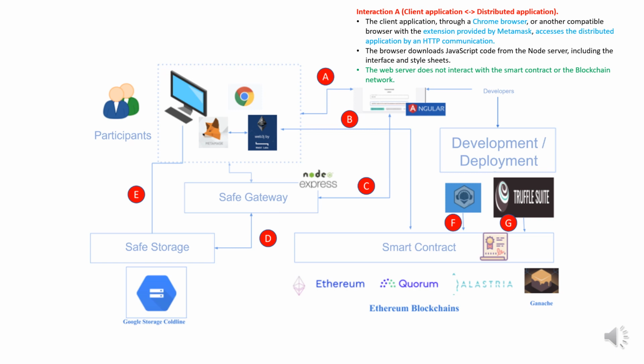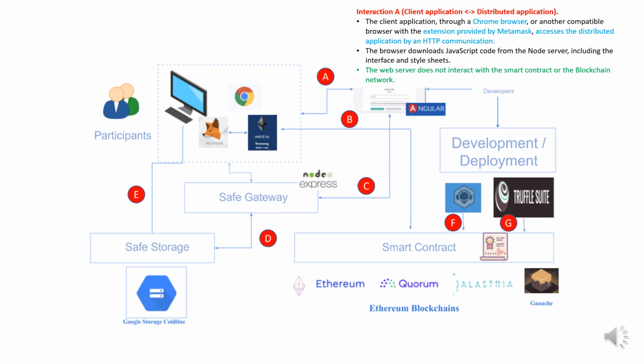So the client, through the browser or any other compatible browser provided by MetaMask, accesses the distributed application by an HTTP communication. And the web server does not interact with the smart contract or the blockchain network.